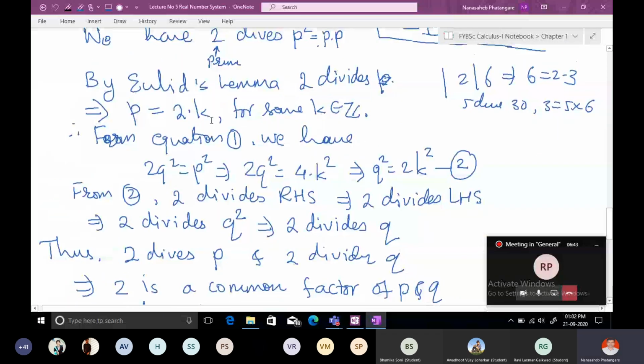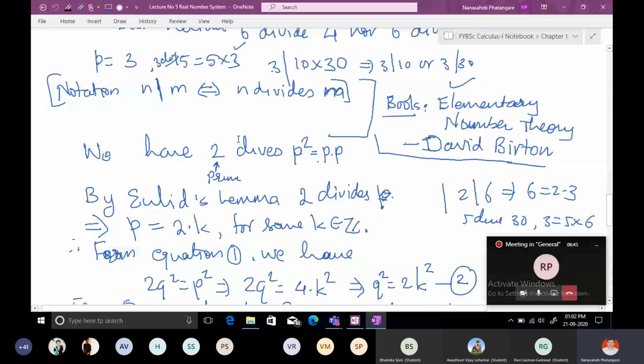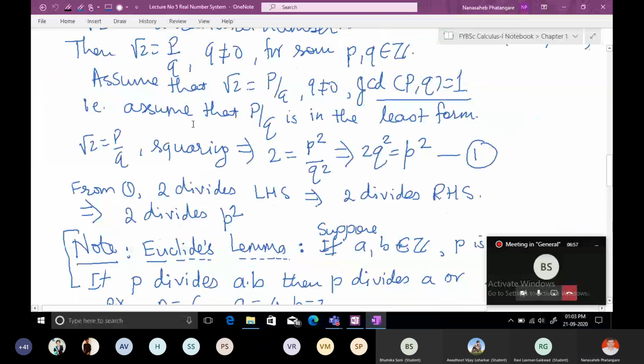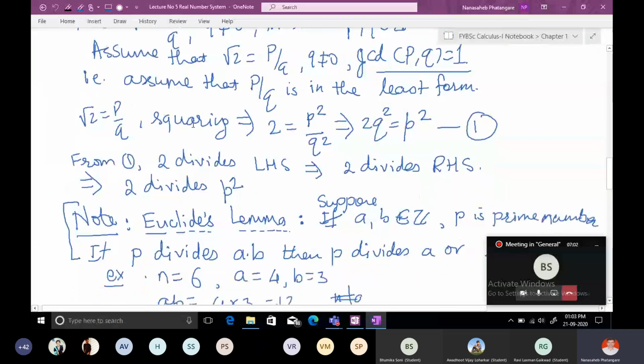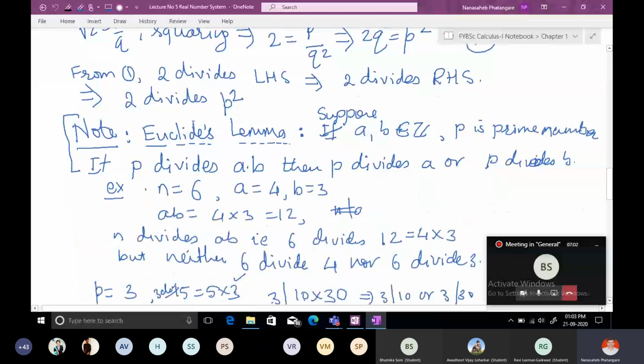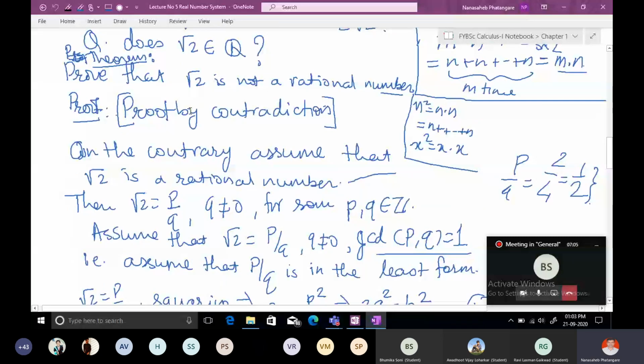So last time we were discussing the story of real numbers. We found that there were natural numbers, then integers came into the picture, and then people thought that integers are not sufficient, so we should include some more numbers.